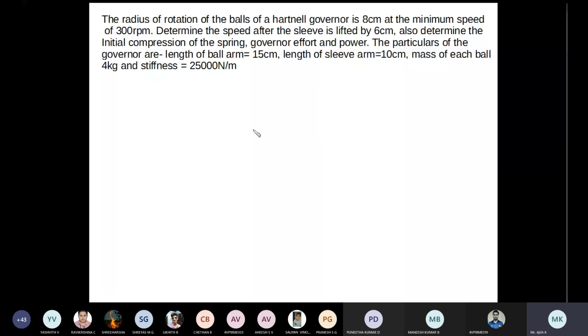We'll move to one last problem. The radius of rotation of the balls of a Hartnell governor is 8 cm at a minimum speed of 300 rpm. Minimum speed means it is N1, and at that minimum speed of 300 rpm, the radius of rotation R1 is 8 cm.